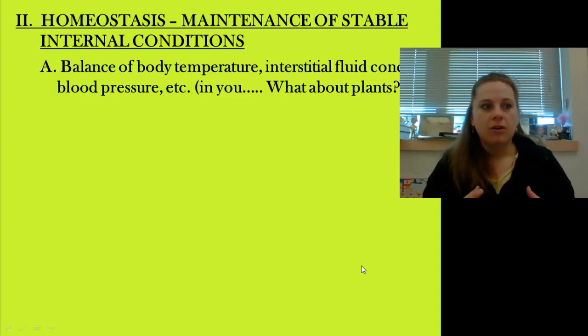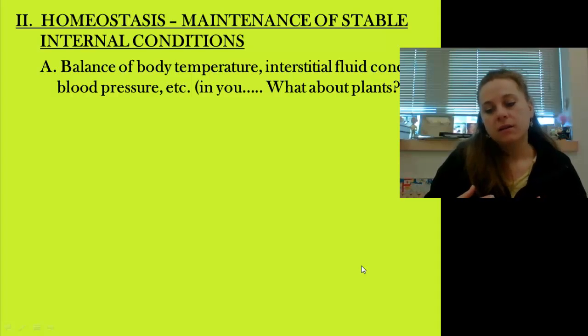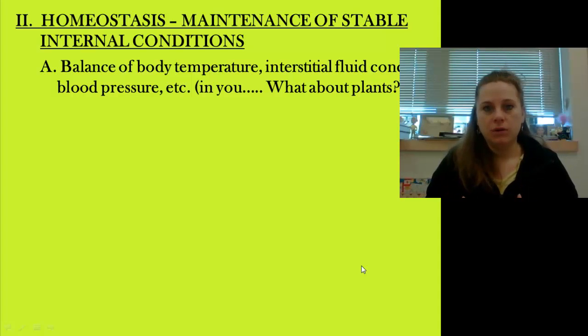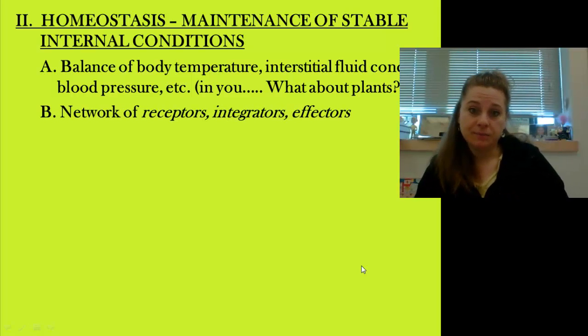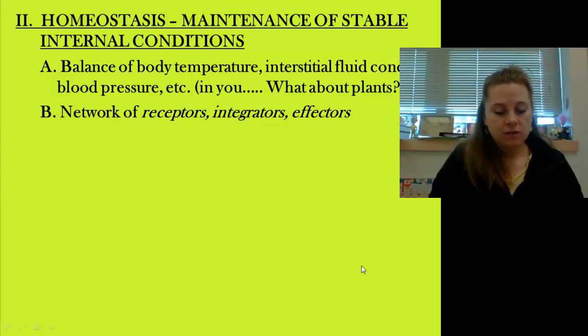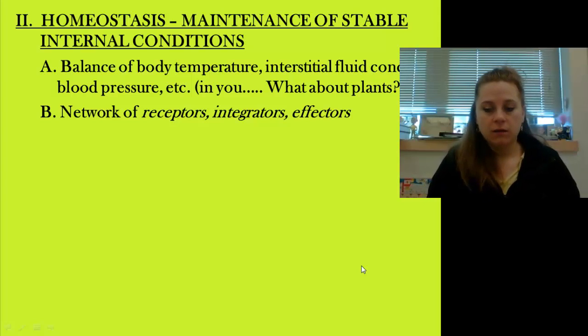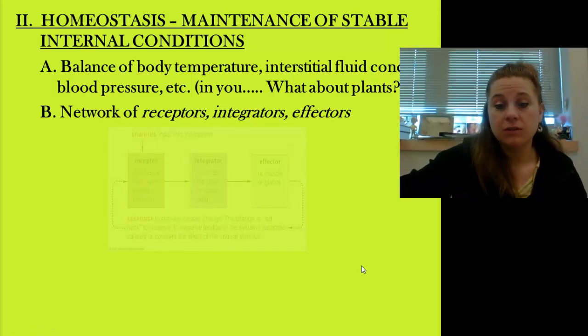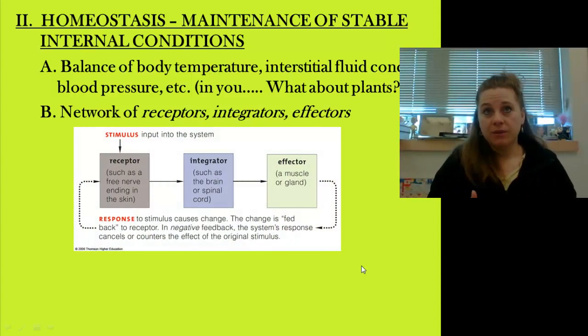It's really fascinating to look at how plants are capable of sending out signals and hormones to maintain their homeostasis levels, okay? So this involves a very choreographed network of receptors, integrators, and effectors. So let's talk about what that means.